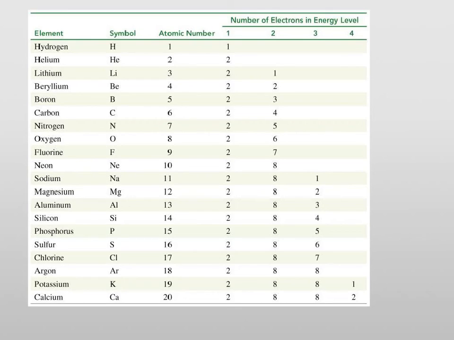And this would repeat for the first 118 elements, the ones that we've discovered. And then again down into sodium, you've got 1, 2, 3, 4, 5, 6, 7, 8 electrons in that 3rd energy level. And then the 4th energy level, potassium and calcium have 1, then 2, and so on and so forth.